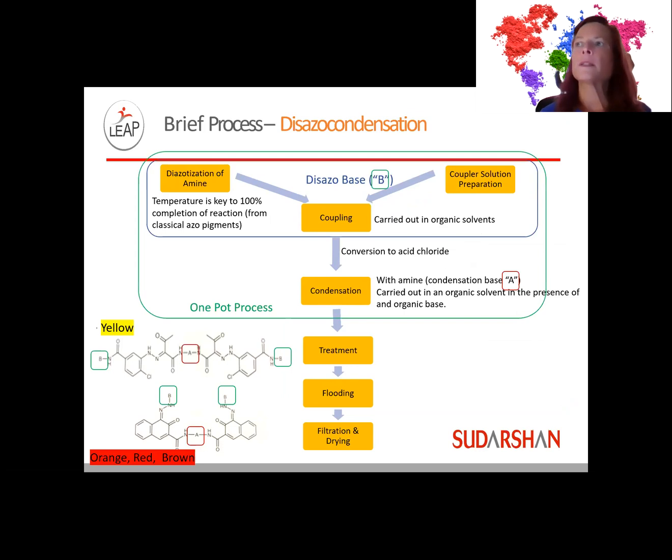And then once the material is coupled together, it is converted to an acid chloride version, and then the condensation occurs with that condensation base, which is the A section of that big molecule.